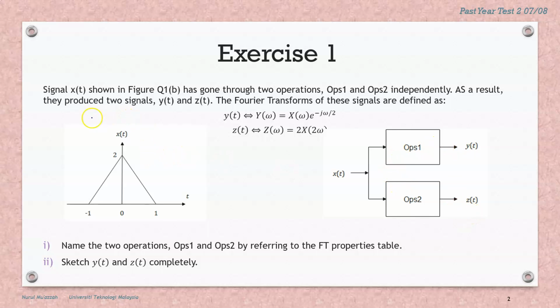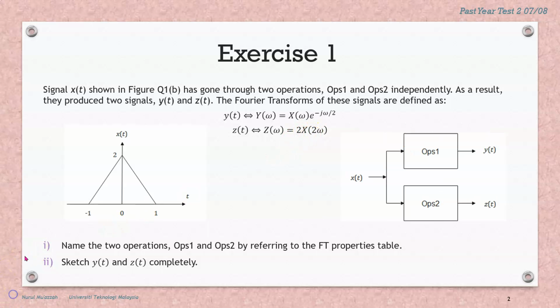Given the form of x(t) is this triangle shape, the pair of Fourier transforms is given as Y(ω) equal to X(ω) multiplied by exponent negative jω divided by 2, and Z(ω) equal to 2X(2ω).